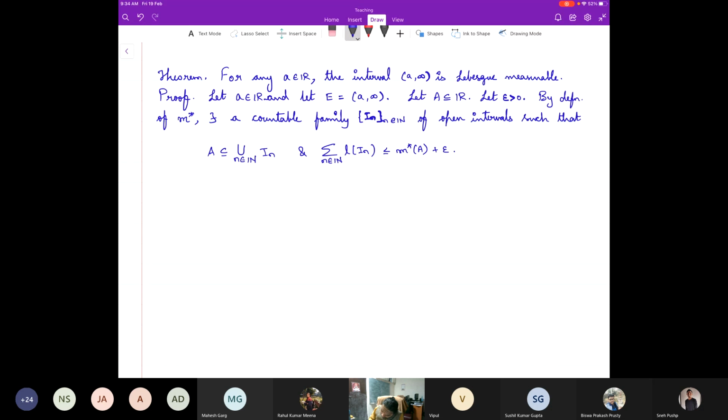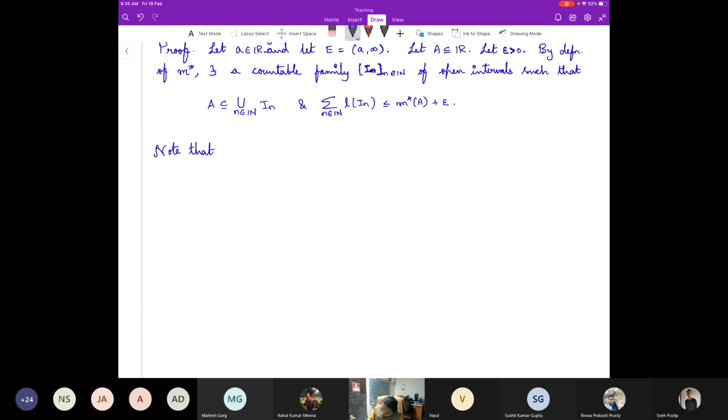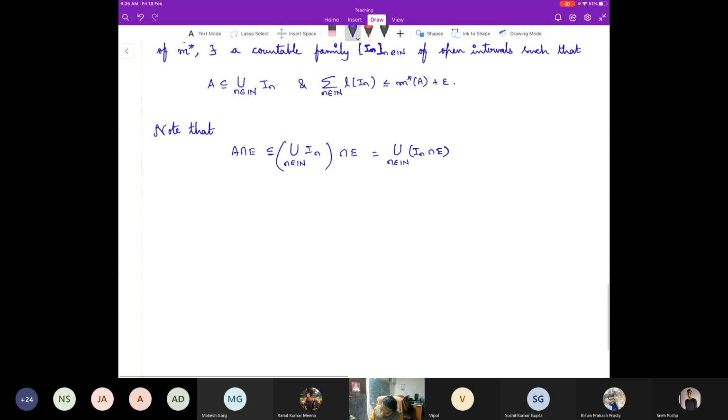Now note that A intersection with E, where E is the interval, is contained in the union over n in N of I_n intersection with E. And A intersection with E complement is again contained in the union over n in N of I_n intersection with E complement.